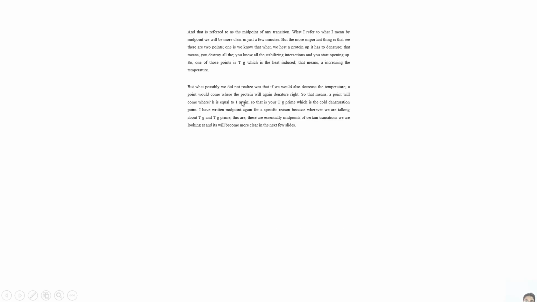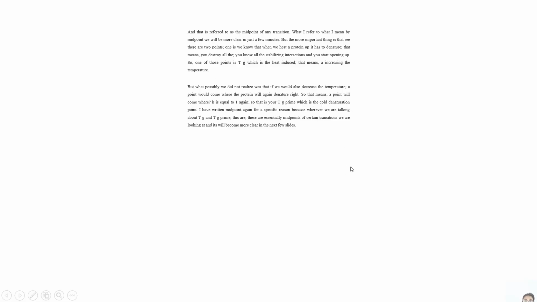So this is the zero line. There are 2 points. When delta G is equal to 0, that essentially means K, the equilibrium constant, is equal to 1. What it means is that we have an equal number of unfolded molecules and folded molecules, right? And that is referred to as the midpoint of any transition.